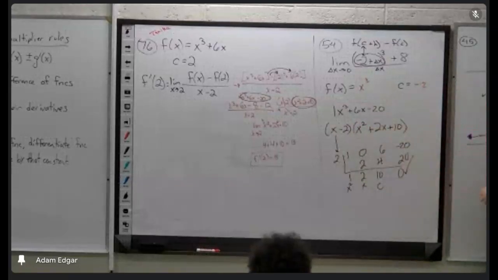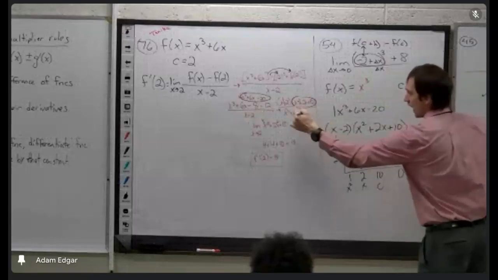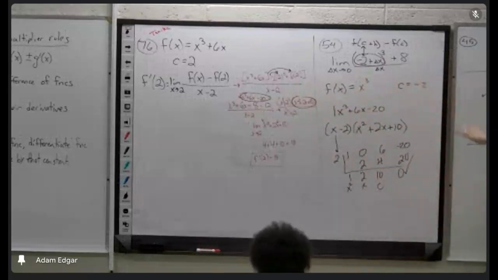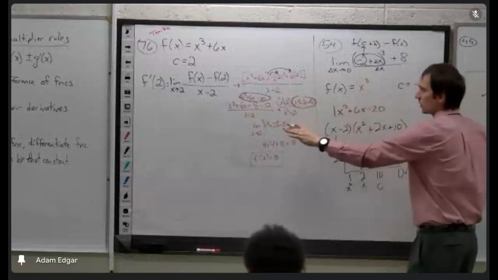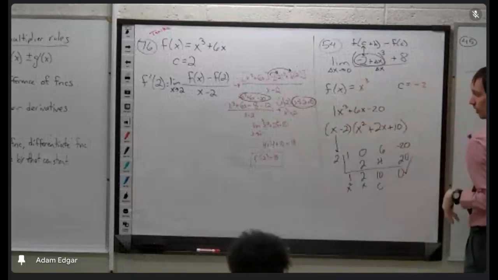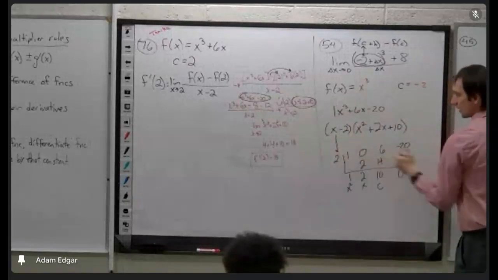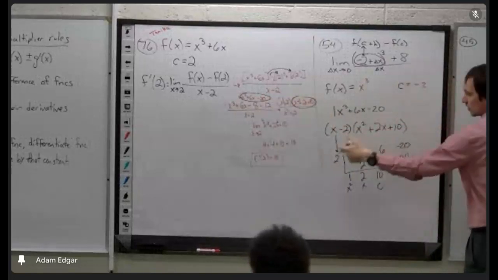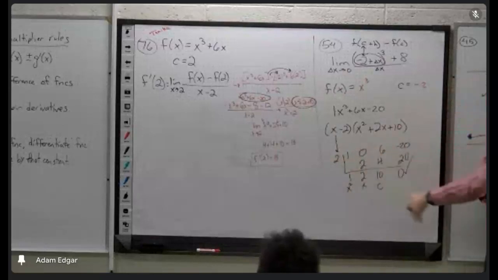So that's where she's coming up with this. So x minus 2, I understand why we want that to be a factor, because we have an x minus 2 in the denominator that needs to die. So assume that you're factoring out an x minus 2, and then to see the other factor that results from it, do synthetic division with the original polynomial that you're trying to factor and x minus 2, and there's your synthetic division process.